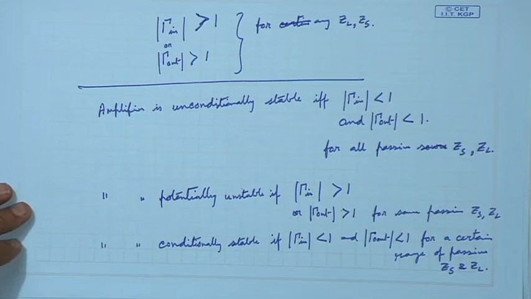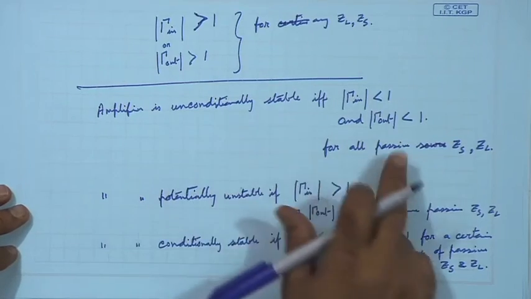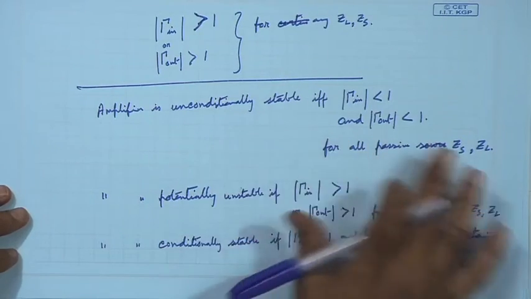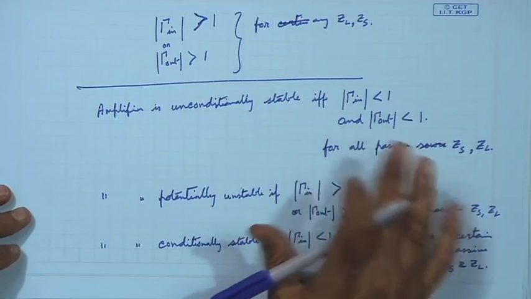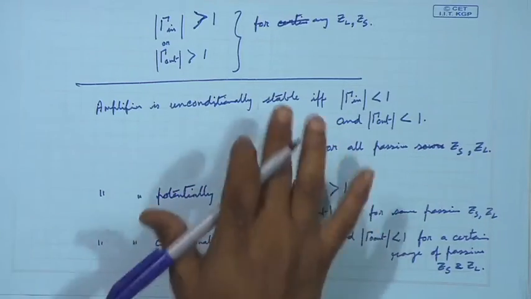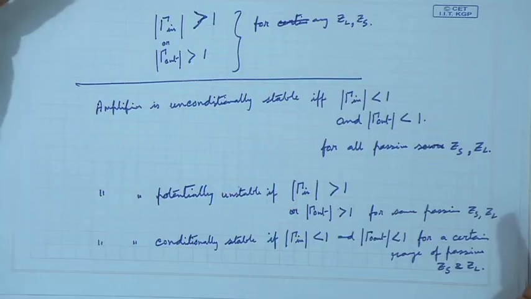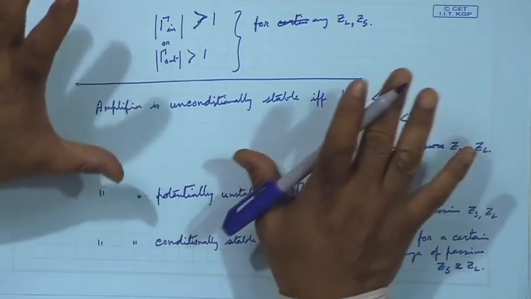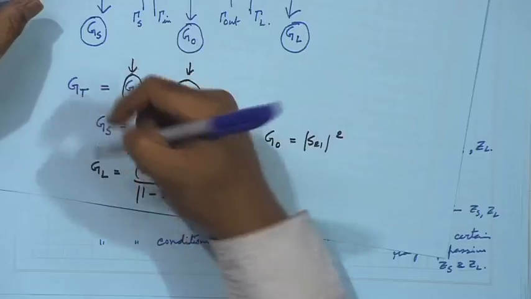This is important because first we will see whether it is unconditionally stable. If the network is unconditionally stable, that means whatever ZS, ZL I choose, it is always stable, then no problem; I will start concentrating my effort on designing the input and output matching networks to achieve a particular gain or maximum gain.